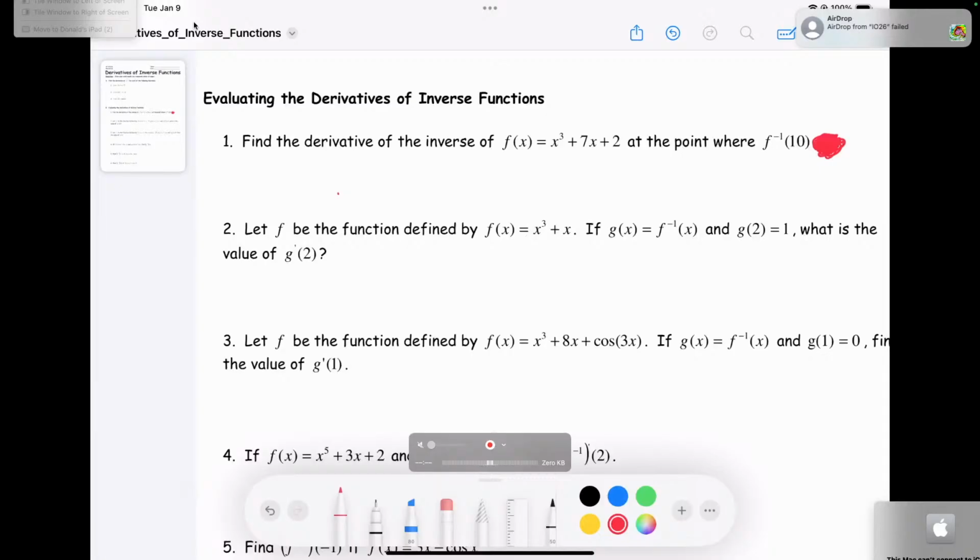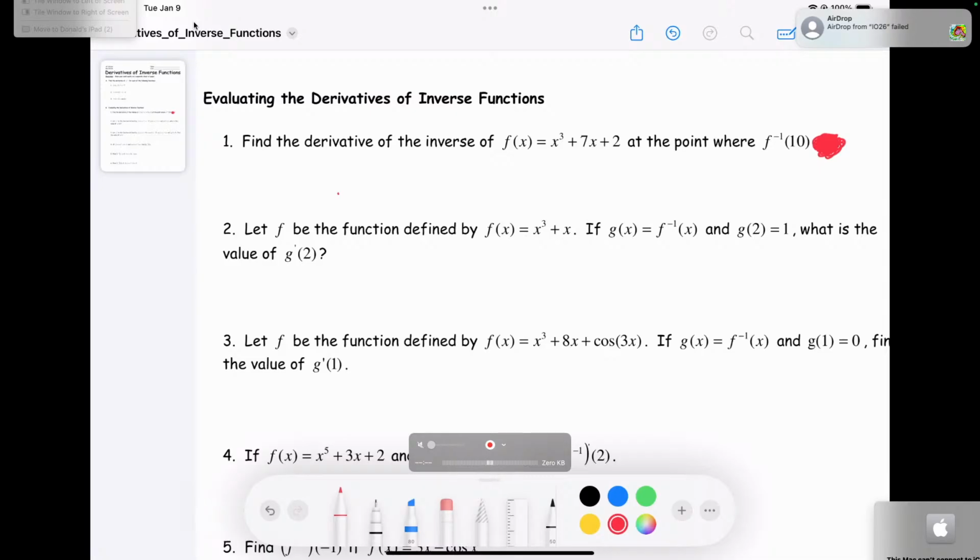Plug in 10 for x. Are you trying to find it? Yeah, you have to find it. F inverse. Please do not say f to the negative one.